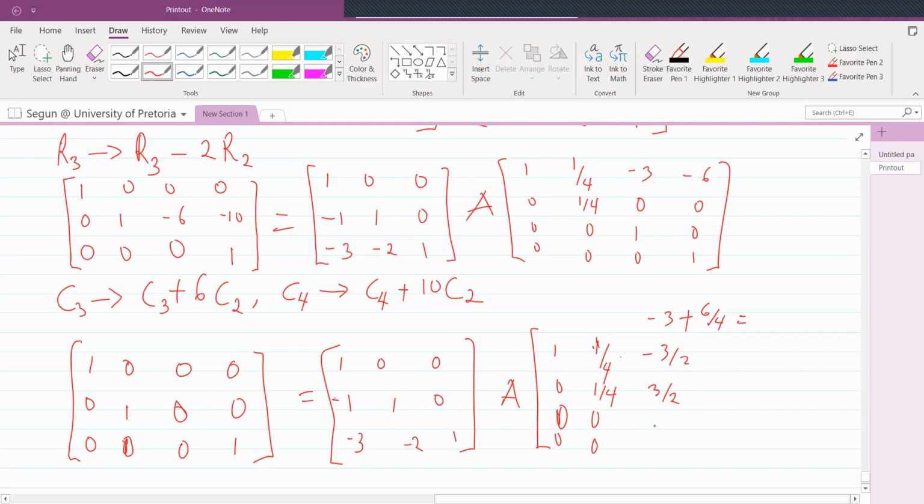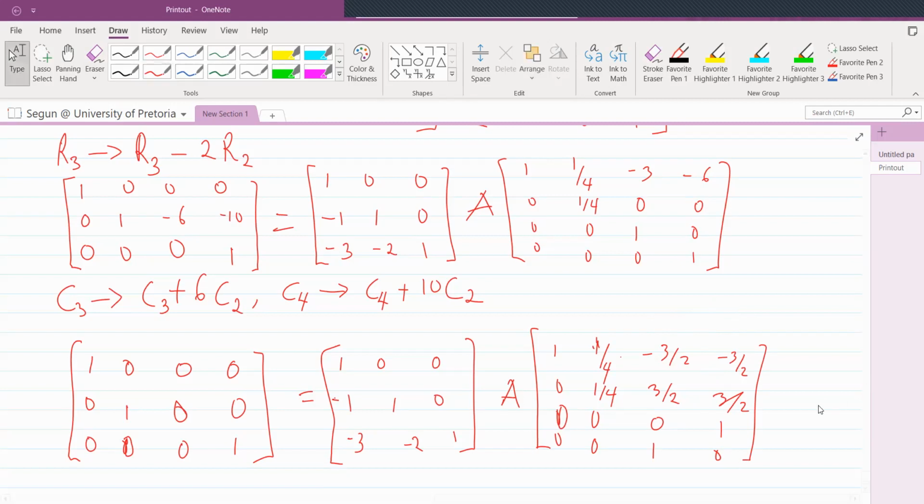Yes, sir. Okay. This will be 0, and this will be 1. Please calculate it out the way I did. So the last one will give us minus 3 over 2 also, 3 over 2, 1, and 0. Any question?